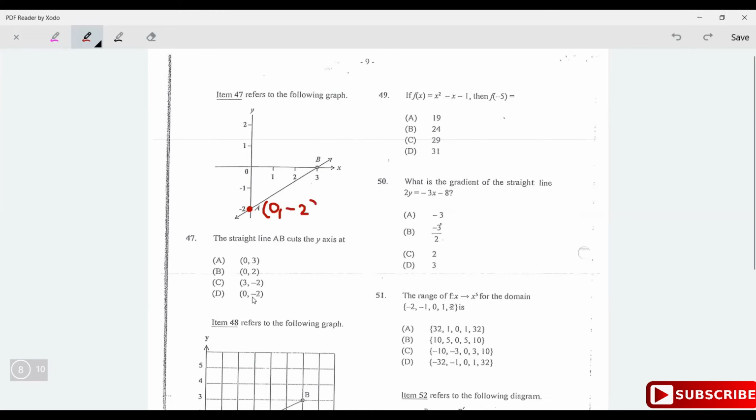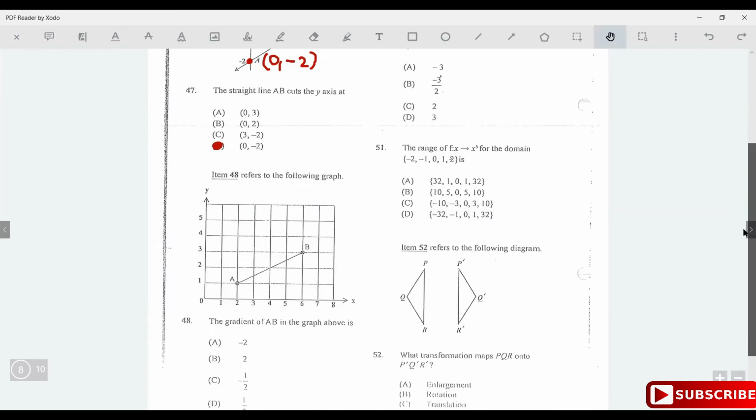Remember, x is going left to right, and y is going up and down. So 0, -2. That's option D, soft. Moving right along.